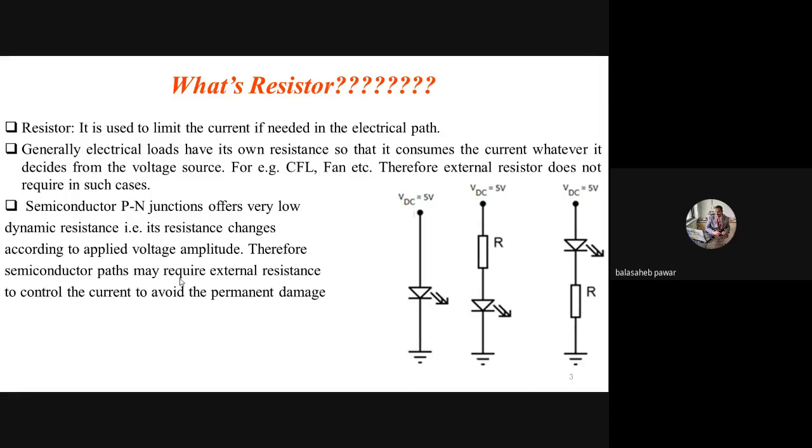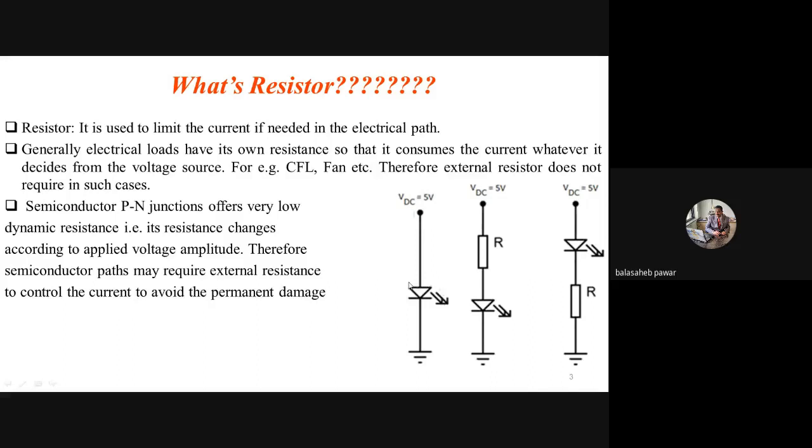Okay. So see, suppose the on resistance of this 5 mm LED is 6 ohm. Just imagine, whenever this LED gets turned on by this power supply, the resistance offered by this LED will be equal to 6 ohm.